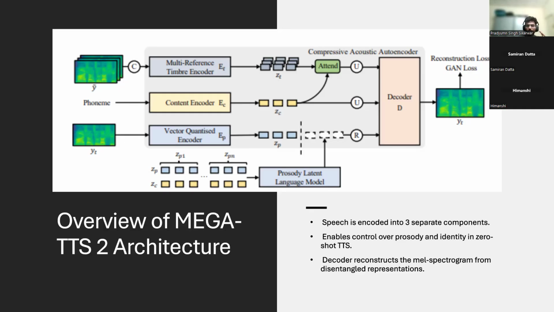The multi-reference timbre encoder, as it is named, takes care of the timbre, and it gives the output ZT, which includes all the timbre data, generated from the MEL spectrogram of the multiple sentence prompts. Then the second is the content encoder, which is taken from the phonemes, and the third takes care of the prosody.